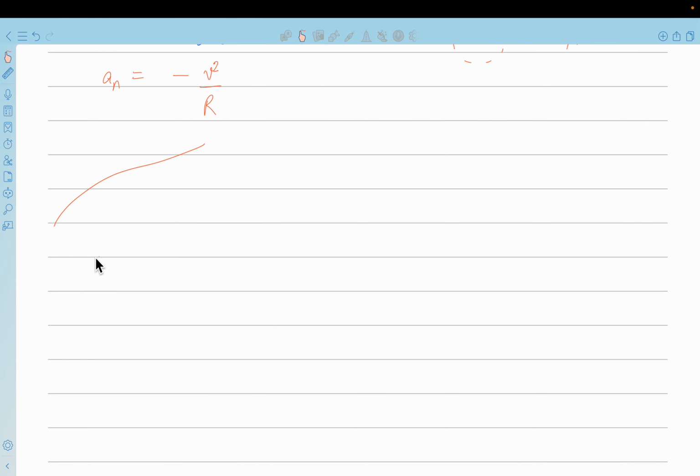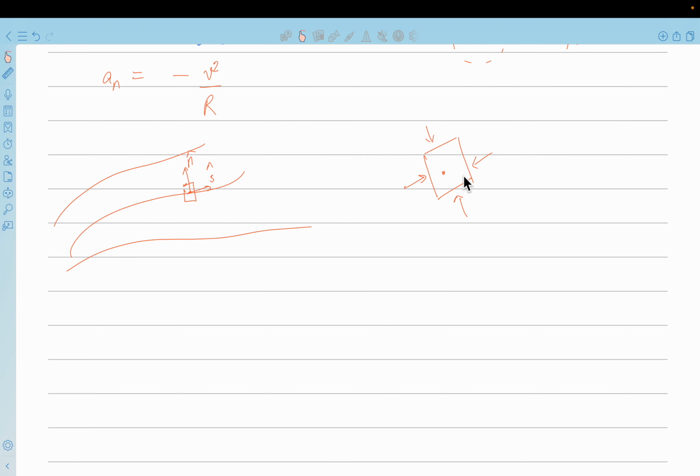Okay, so let's say these are my streamlines, and I consider a fluid element over here. Okay, and this is your S cap and N cap. So let me draw this enlarged. So this fluid element is going to experience some force, inwards force, that is the pressure, right?